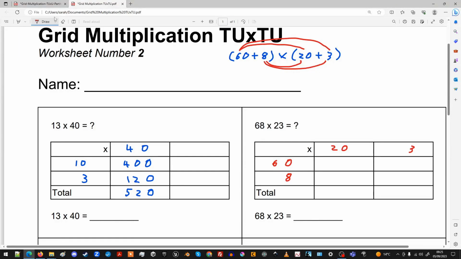6 times 2 is 12, 2 zeros. 8 times 2 is 16, and 1 zero. 60 times 3, 6 times 3 is 18, and 1 zero. 8 times 3 is 24. And we'll add those.